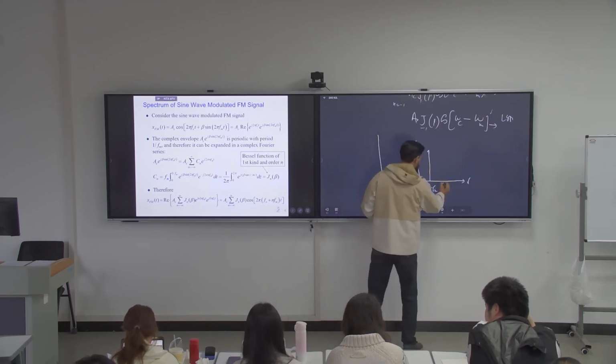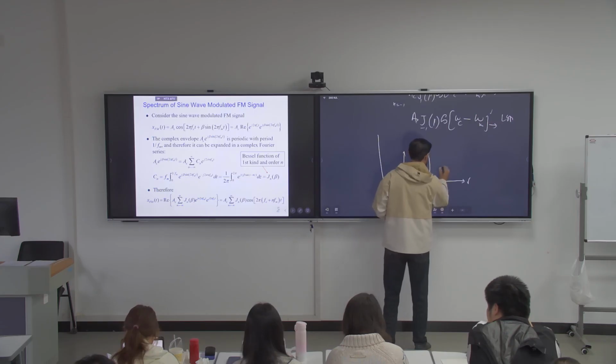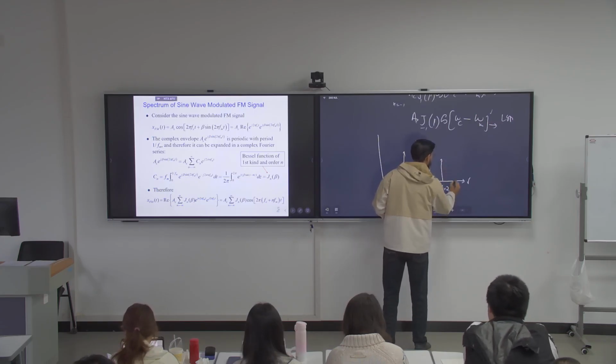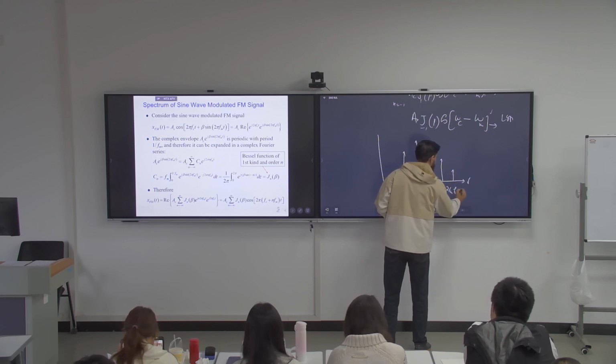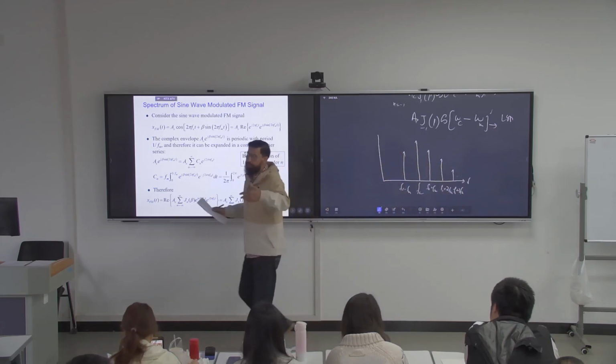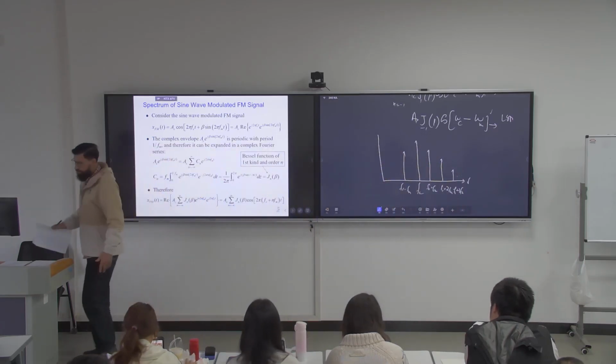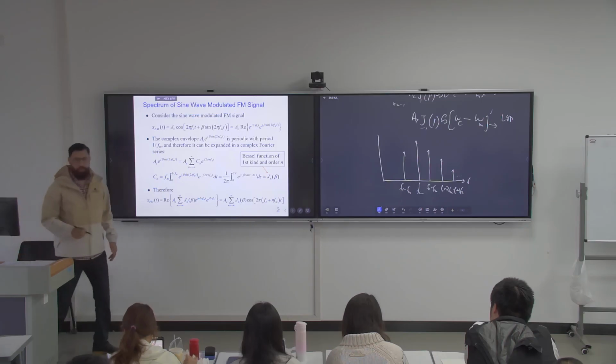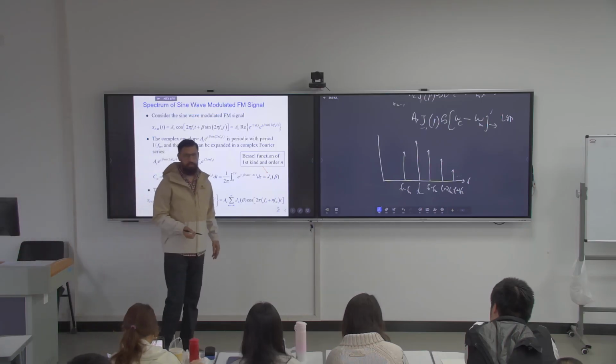And similarly, the second band, I will be getting this one. This is FC plus 2 FM, and similarly this one, FC plus 3 FM, and so on, up till infinity. Well, we are not interested in that. So this is how it will look like.